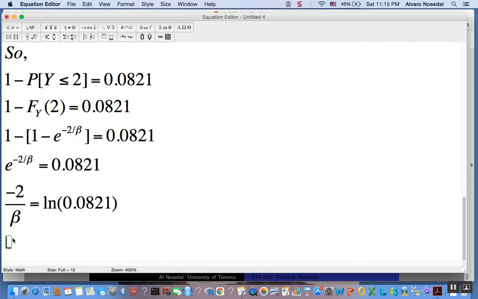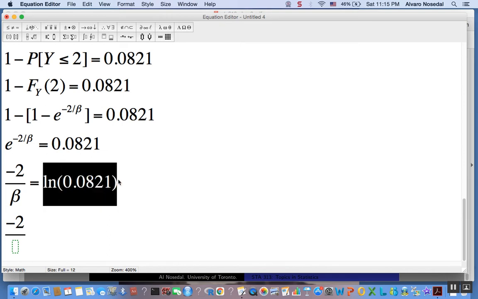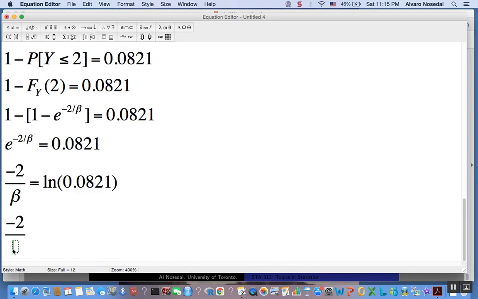We solve for beta, and in the end, what we have is negative 2 divided by the natural log of 0.0821, which is our parameter of interest, beta. Okay, let's find it using R.